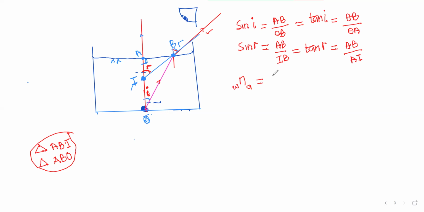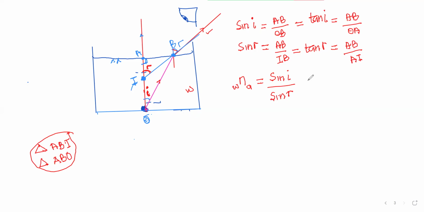From Snell's law, the refractive index as this light moves from the more dense medium, water, into air, will be sine of the angle of incidence, which is I, over the sine of the angle of refraction, which is R.